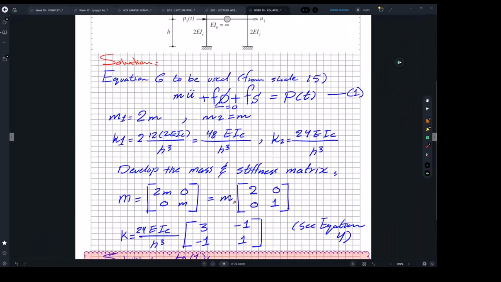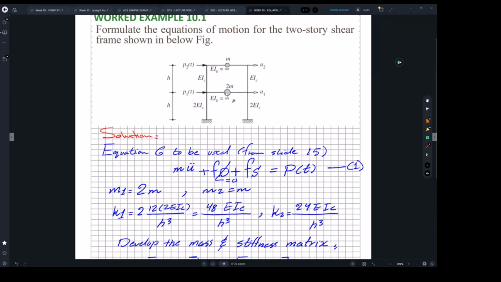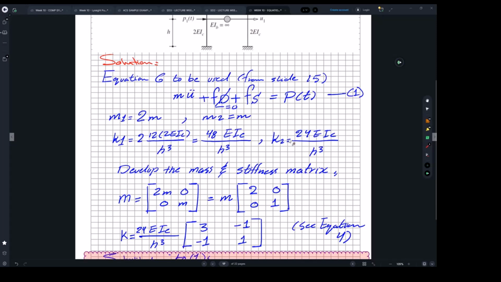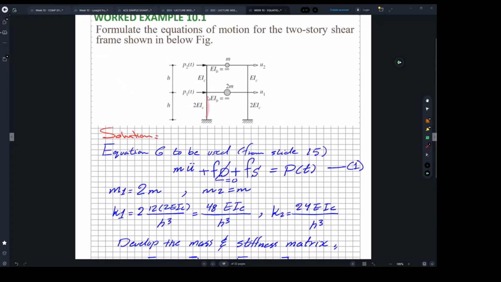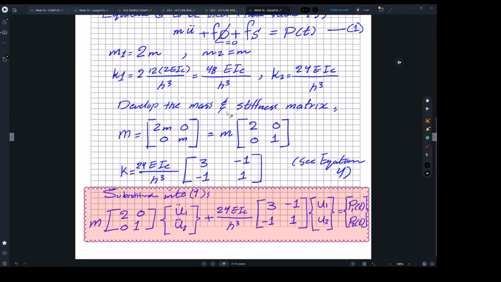So we're coming here and finding the K1 value, which is 48 times the other factors, and K2 at level 2 will be basically 24 times. So what we did here is we just found the stiffness for the first floor and the stiffness for the second floor.